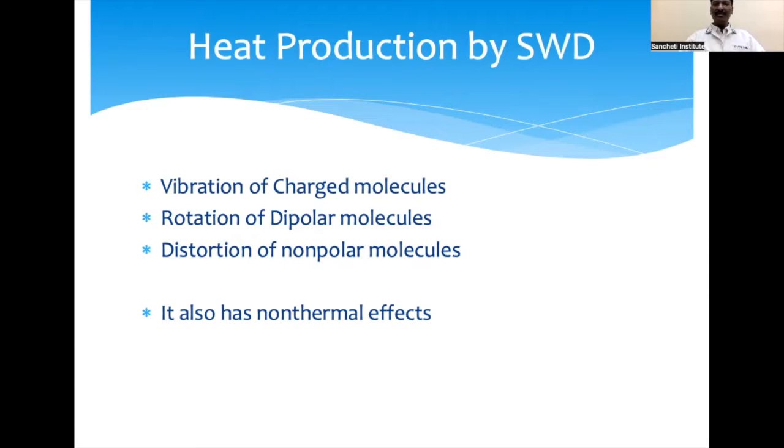The first one is that we have abundant ions, which are charged molecules. These charged molecules vibrate under the influence of the static field. The second method is rotation of dipolar molecules. A majority of the molecules are polarized, that means they have a negative pole and a positive pole.